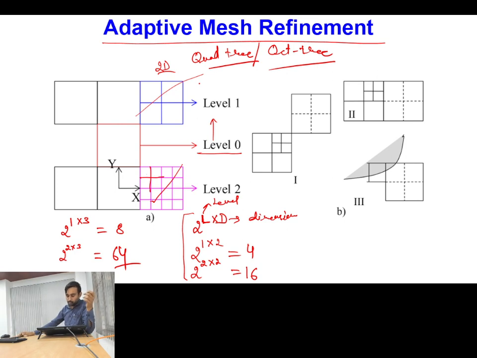Now there are certain rules. While you are refining, you have to take care of one thing. First, if you are refining this cell, then in a diagonal arrangement, the neighboring cell to this cannot have a difference of level more than 1.